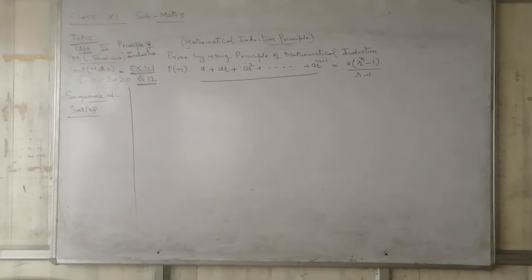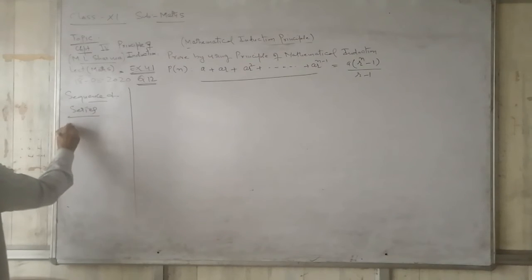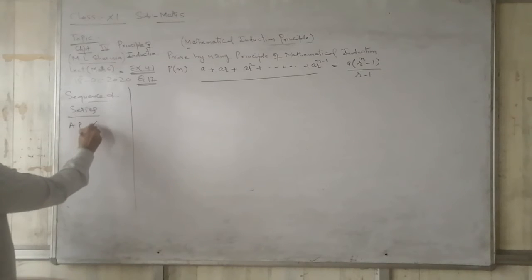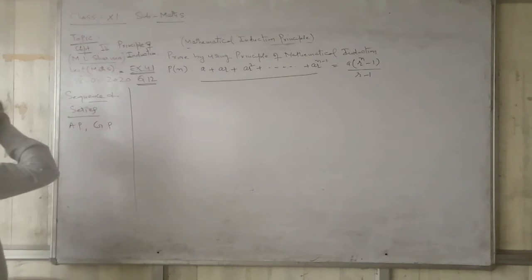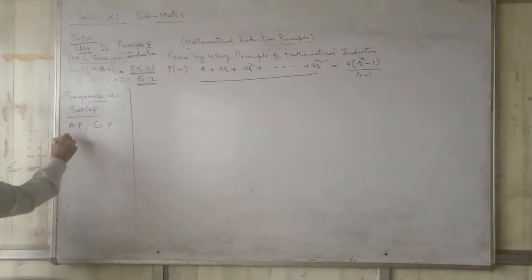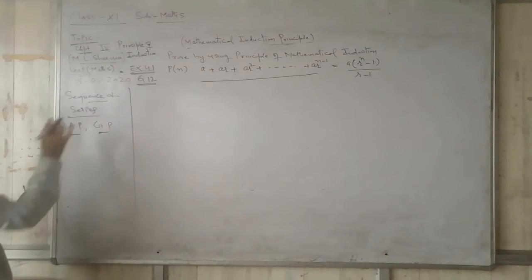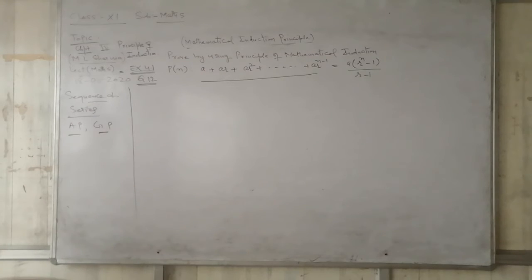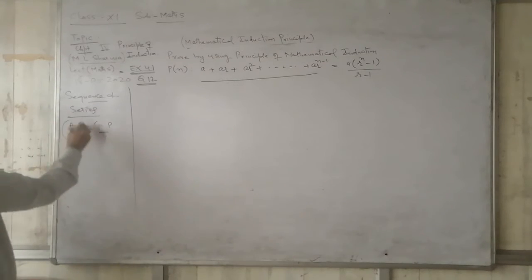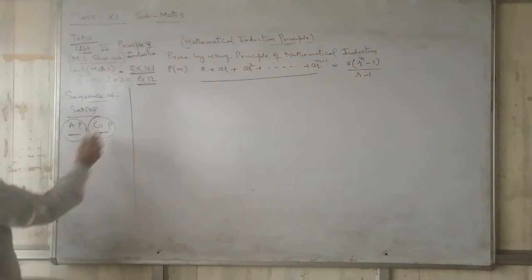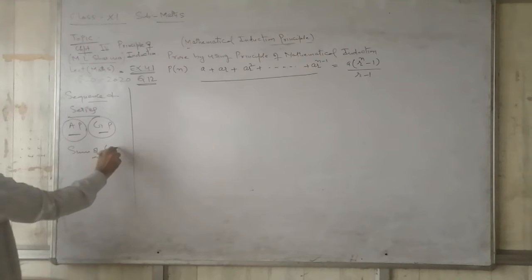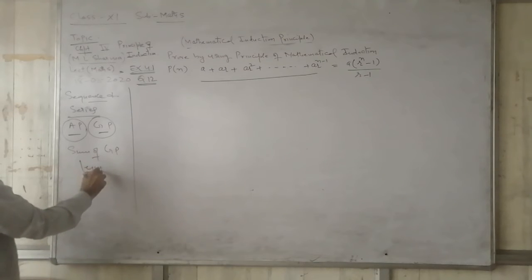You might have read it in 10th class also, that is AP, arithmetic progression. You might have heard the names. It is called arithmetic progression, and it is called geometric progression. So it is basically the sum of GP terms.